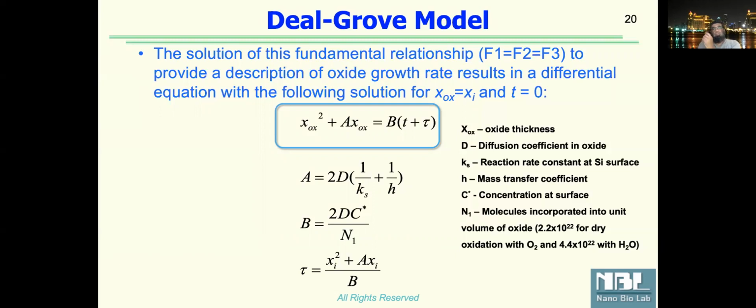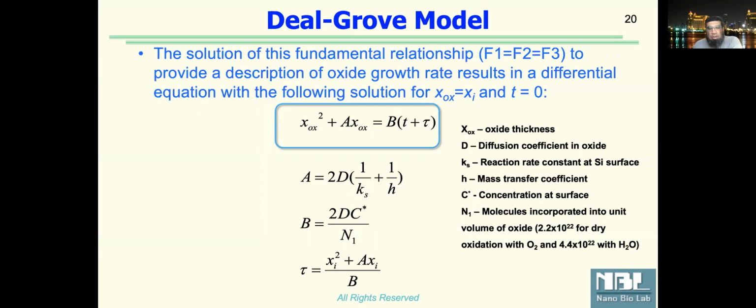Now, this is a very important equation because here we have defined A and B and other fundamental parameters. So those are given on the right hand side. What we will do is we will focus on A and B and of course time and thickness. While we are not ignoring the underlying parameters, we have the definition of those underlying parameters, which we can refer back to understand the relation between F1, F2, and F3.